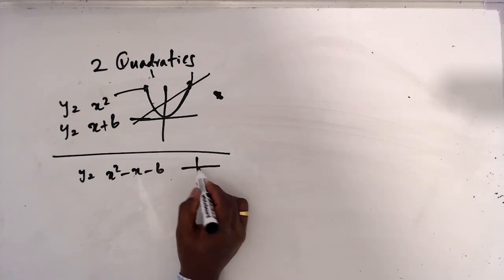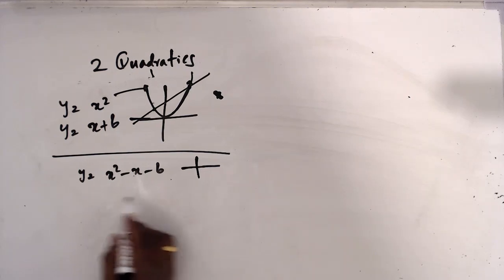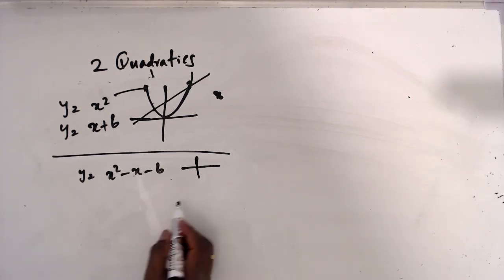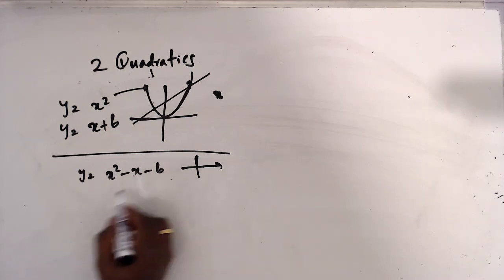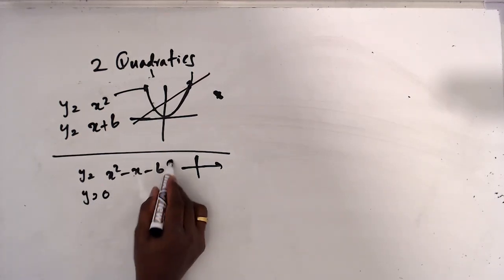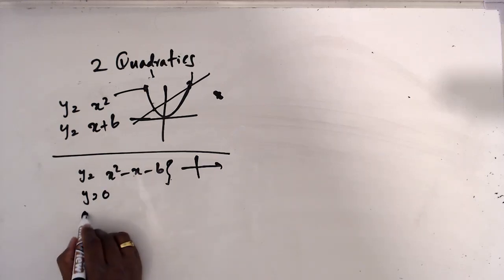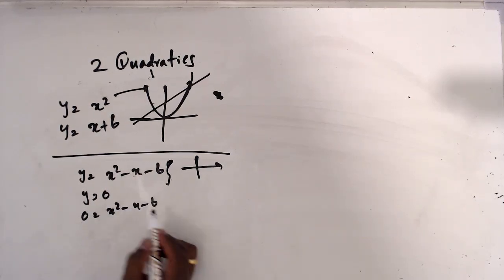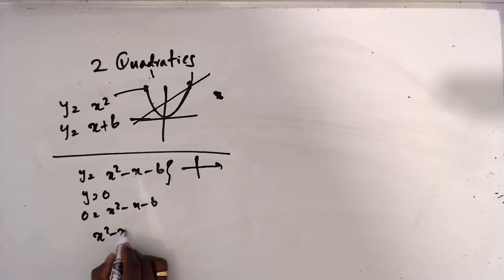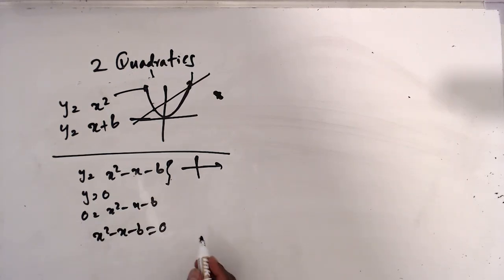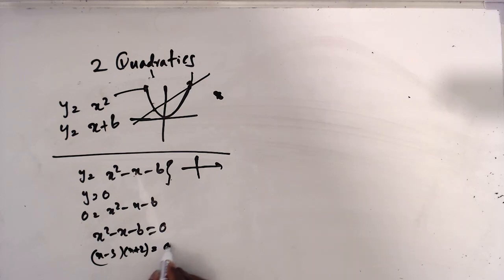To draw, we need to find the roots first of all. So I have to solve this equation simultaneously with y equals 0. Then 0 equals x square minus x minus 6, or I will write x square minus x minus 6 equals 0. So we know that roots are x minus 3, x plus 2 equals 0, x equals 3 or x equals minus 2.